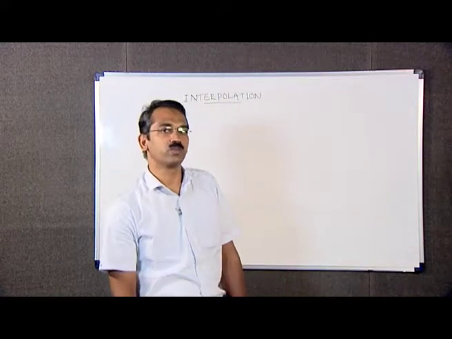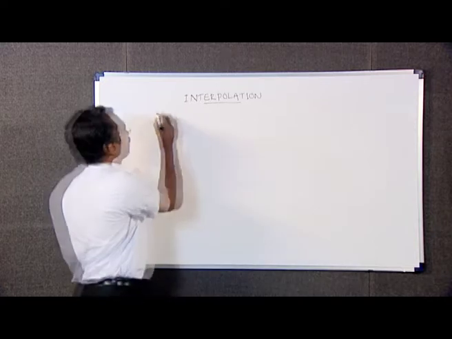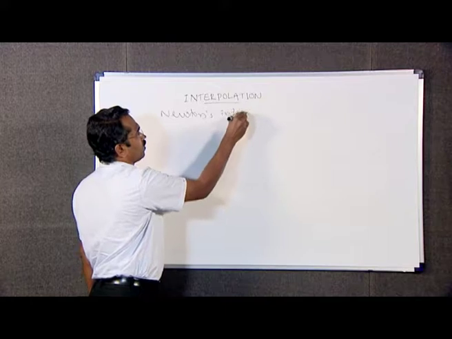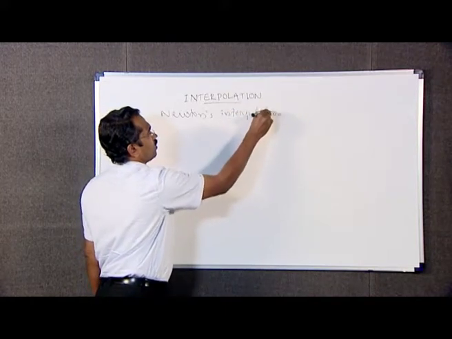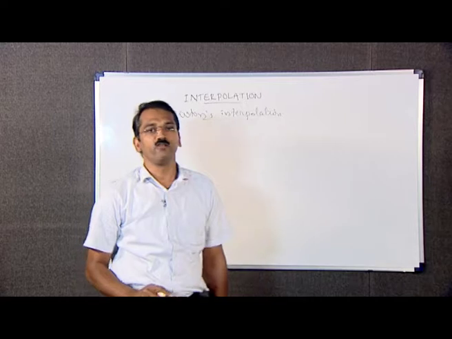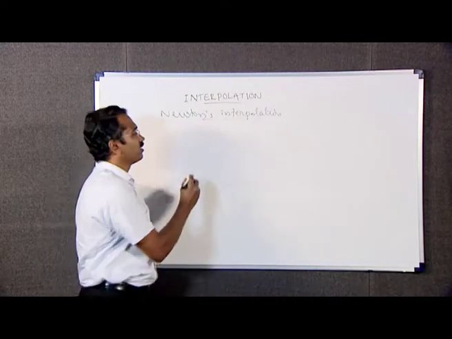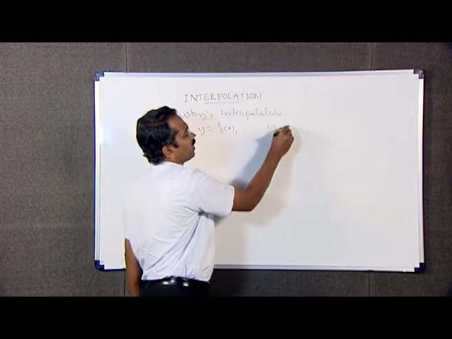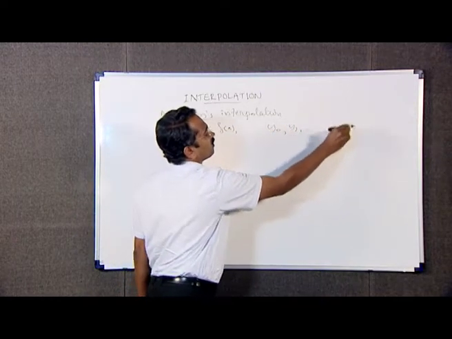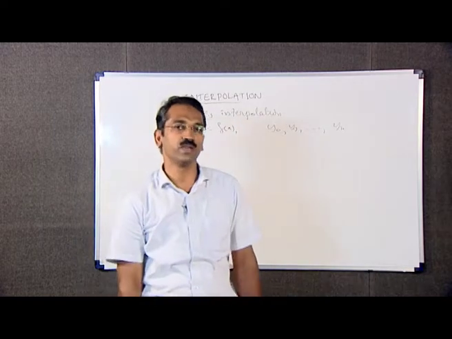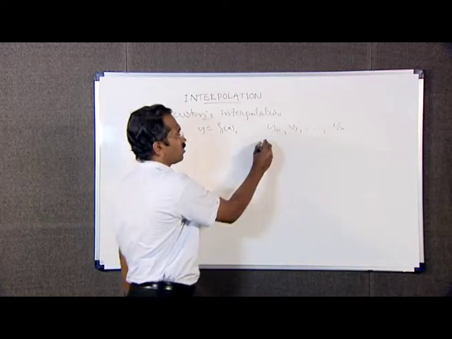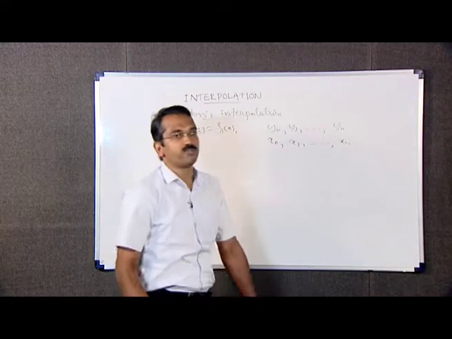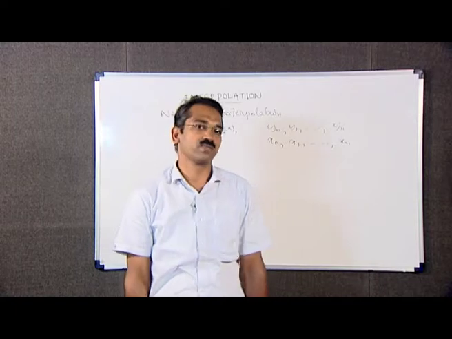Newton's Gregory forward interpolation formula. Let y equal to f of x be a function which takes values y naught, y1, etc., yn corresponding to the n plus 1 values x naught, x1, etc., xn of the independent variable x.